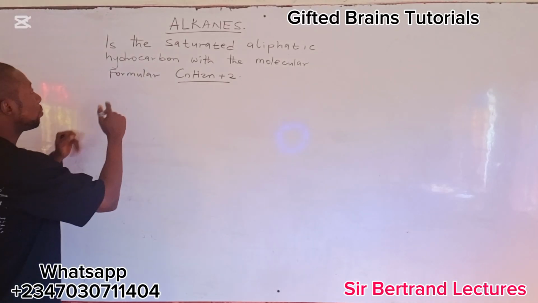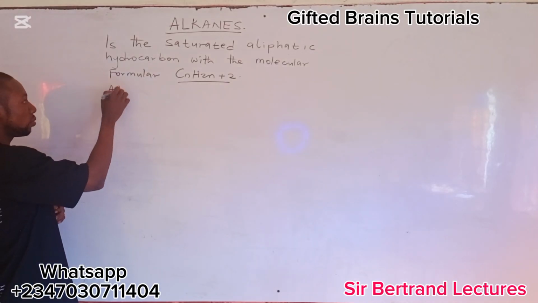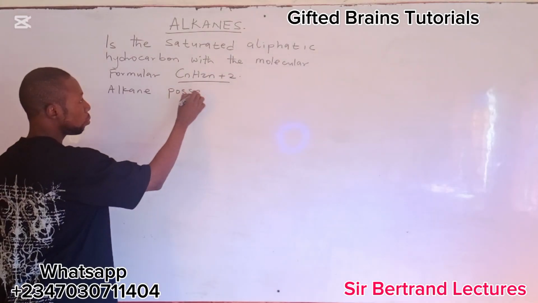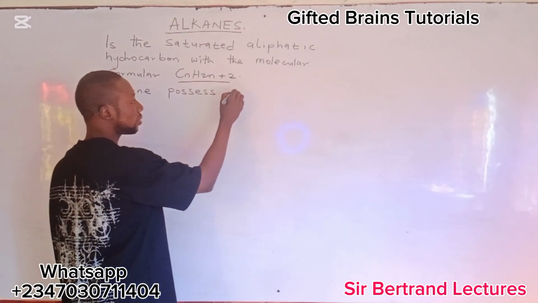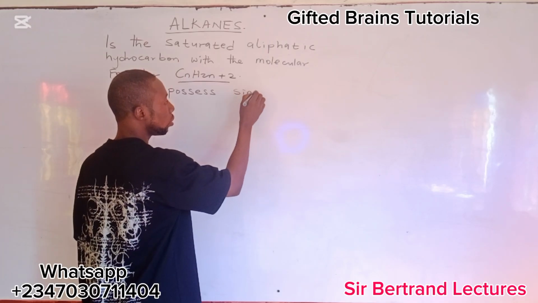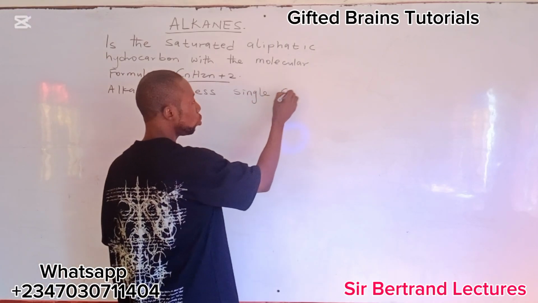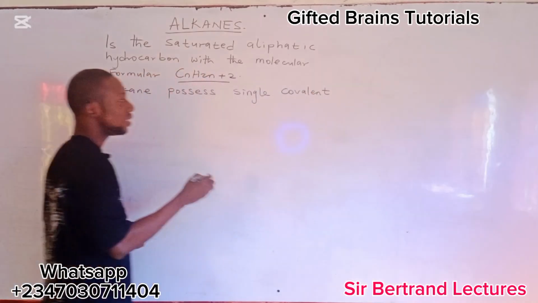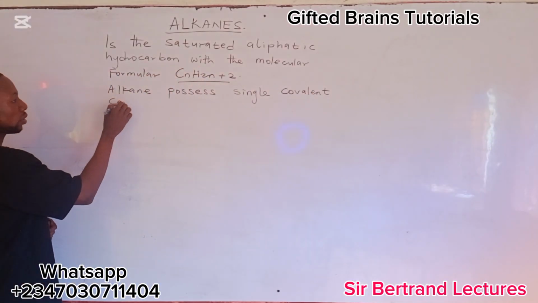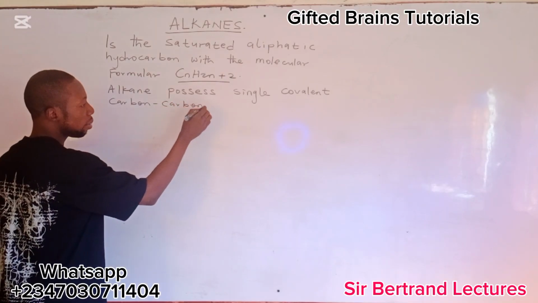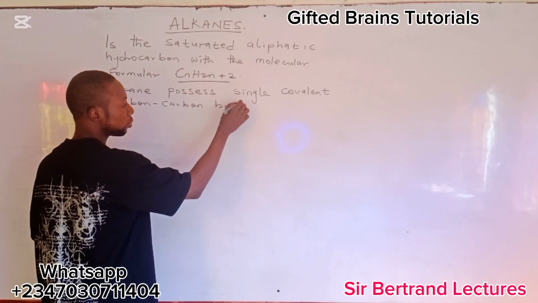All right. Then, alkanes possess a single covalent carbon bond.